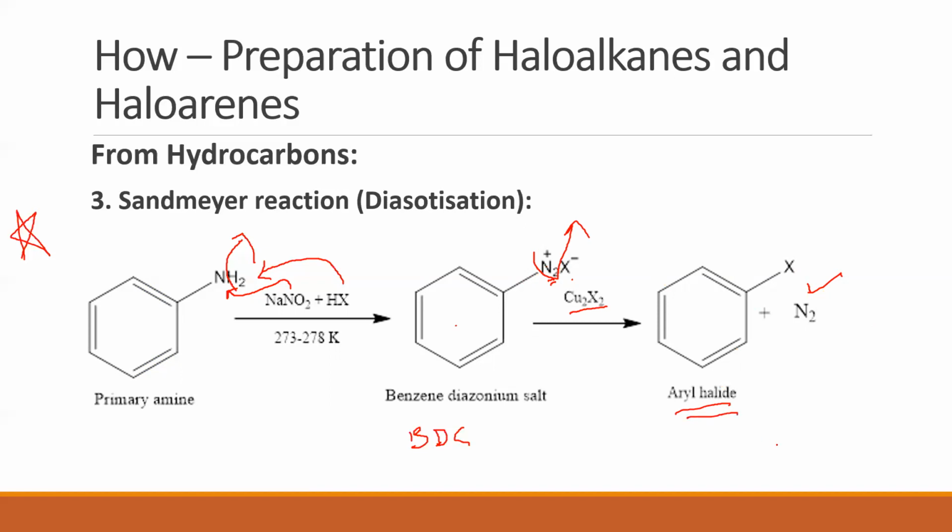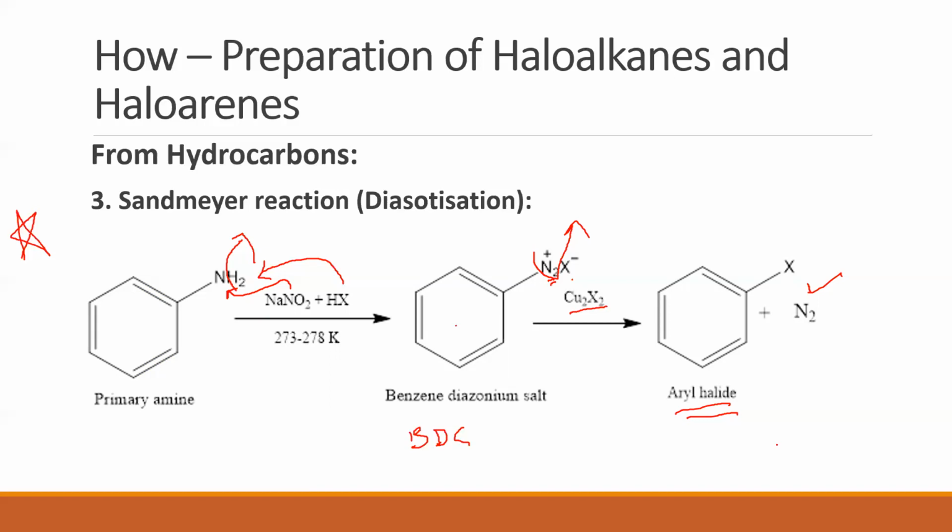Clear? In the second step, BDC is made to react with copper halide. And when it is made to react with copper halide, nitrogen is eliminated, leaving behind halogen, which is bonded to the benzene ring, giving us the aryl halide. So this reaction is called Sandmeyer reaction.